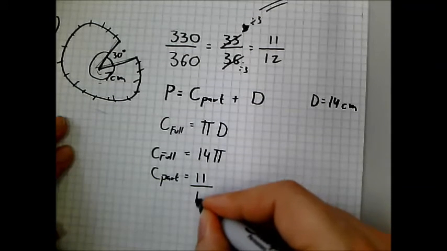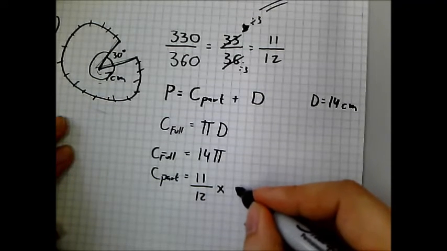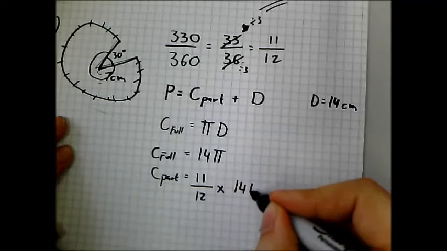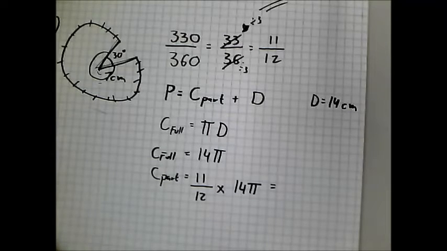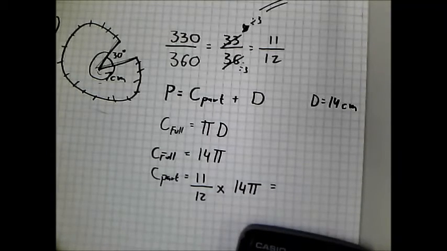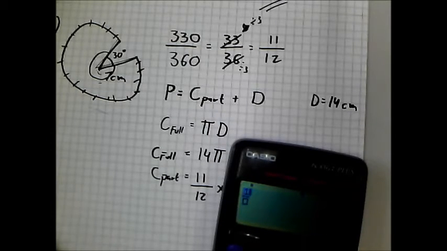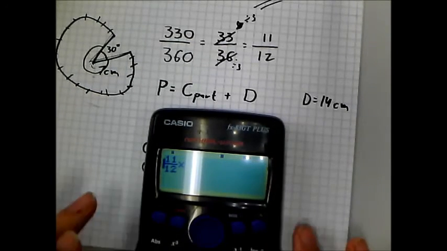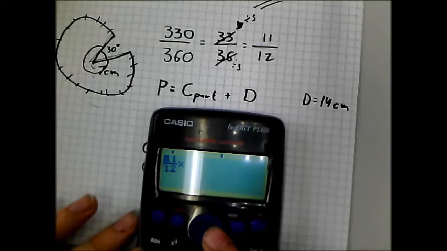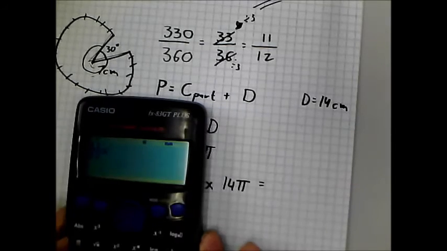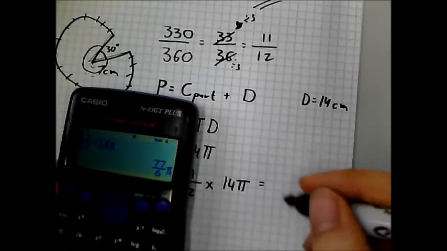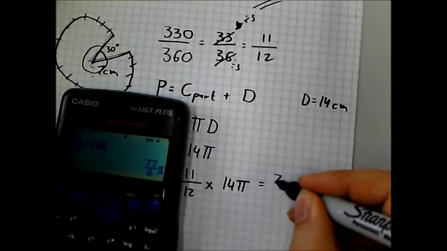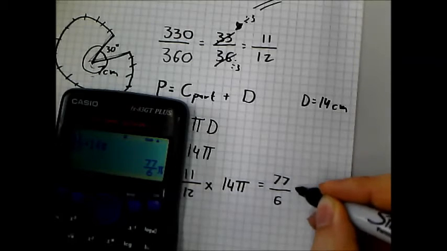So 11 twelfths multiplied by 14 pi. Okay, I can put that into my calculator if I need to. So 11 twelfths multiplied by 14 pi, and that is an exact value of 77 over 6 pi.